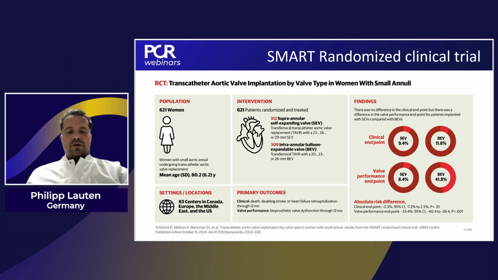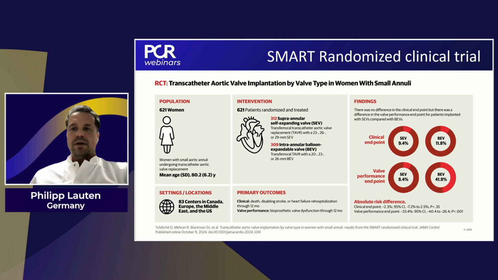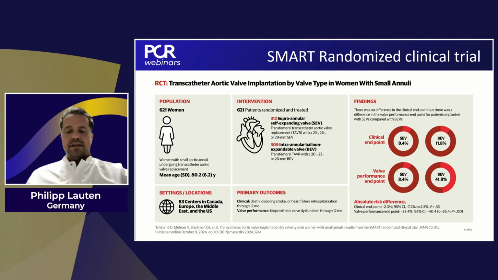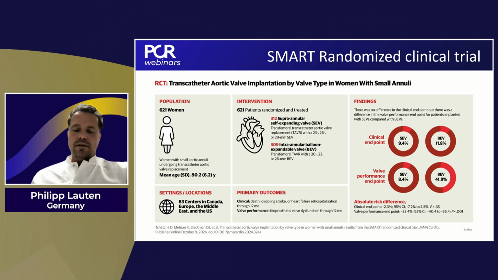Just a short glimpse on the data for small anatomy is the SMART randomized clinical trial. The SMART trial showed that self-expanding supraannular valves are clinically non-inferior to balloon expandable valves in patients with small aortic annuli.